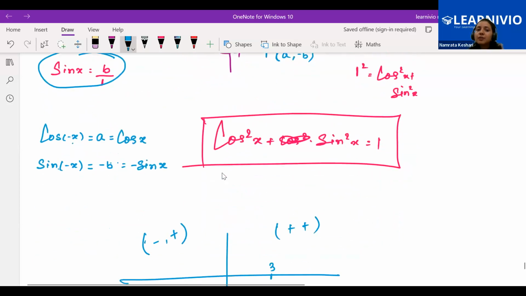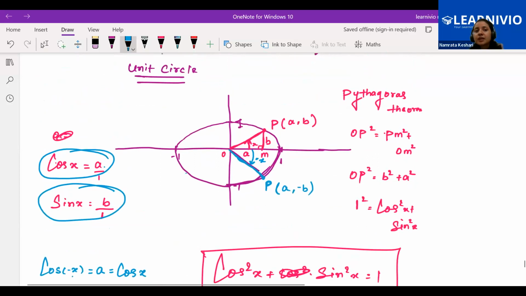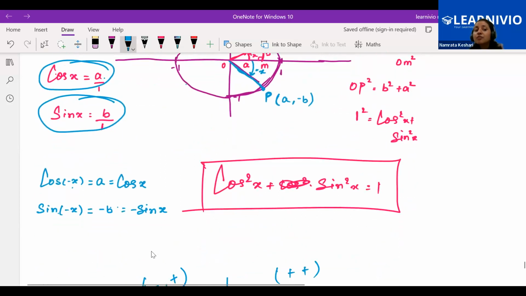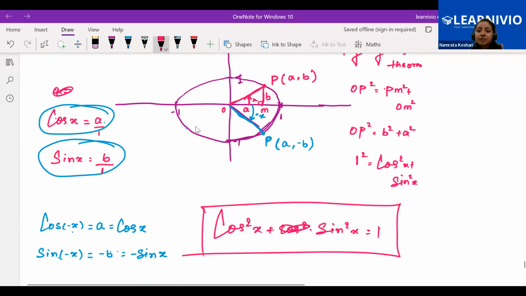Okay. Now we will make the list on the basis of this observation which we got just now. We realize that when we have taken the angle in clockwise direction and keeping everything as it is, it just went into the fourth quadrant, where the coordinate has taken the shape like this.